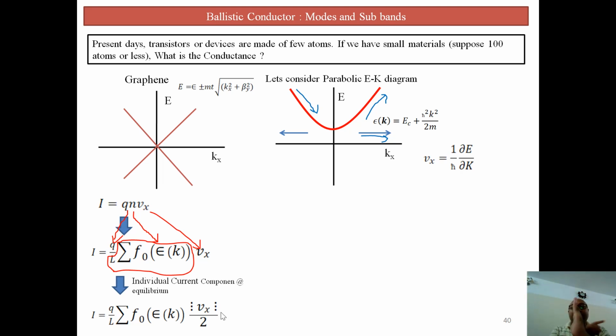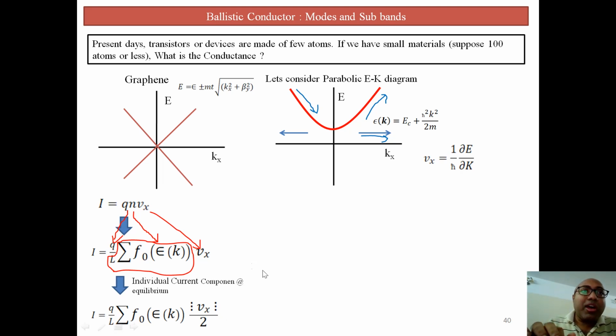At that time we discussed that the number of electrons crossing the plane of observation from one direction is exactly equal to the number coming from the other direction, and at equilibrium, if they are equal, you will get zero current. You know that part.